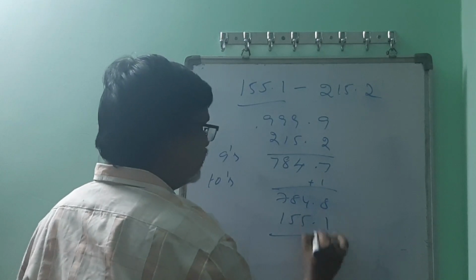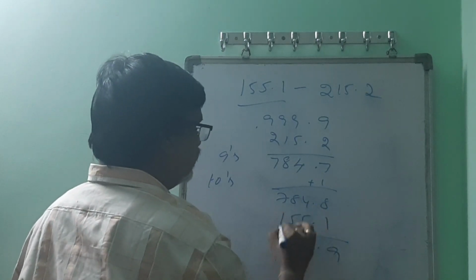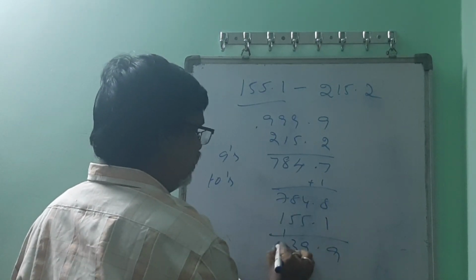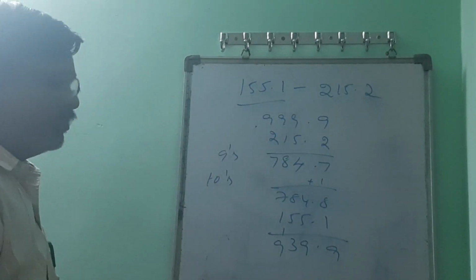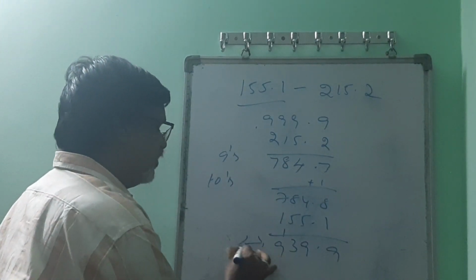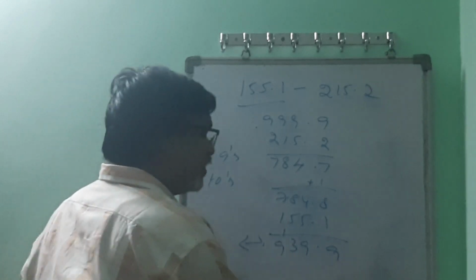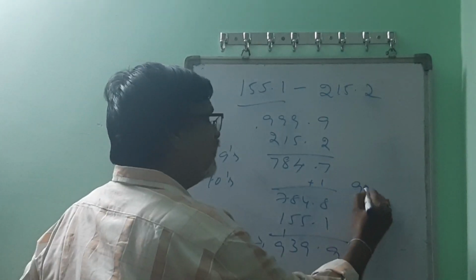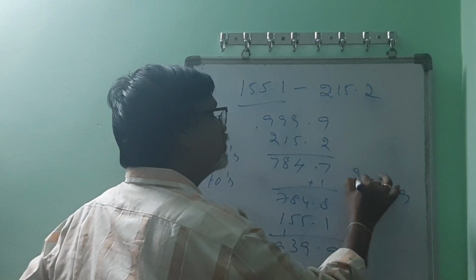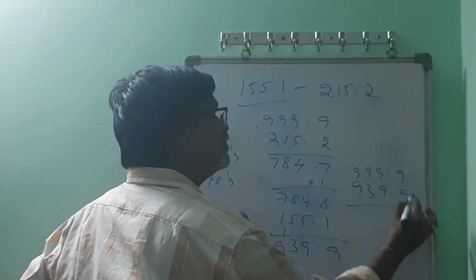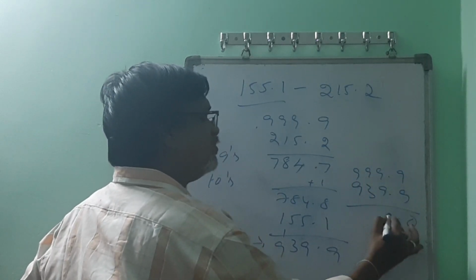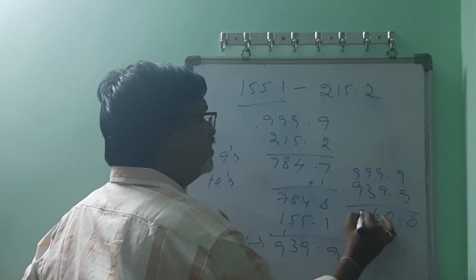So 939.9. As we told, there is no extra bit or extra number generated. That's why we have to consider this a negative value. But we need to convert it into the 10's complement. So subtract from all nines: 060.0.